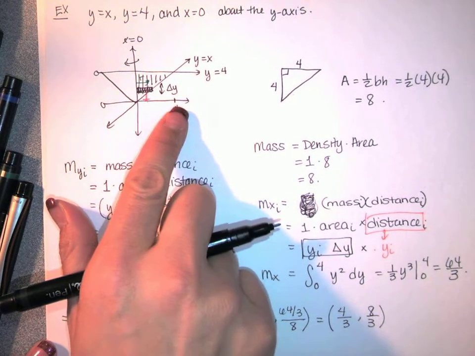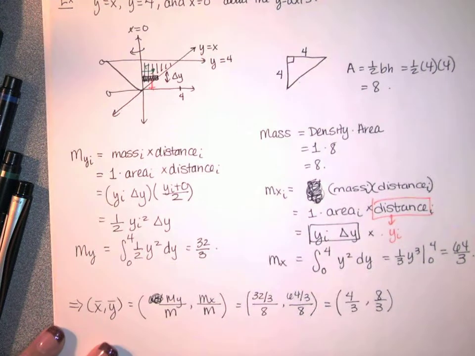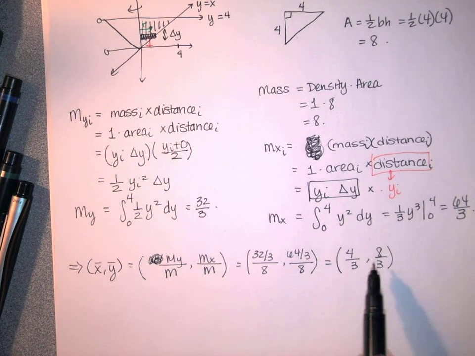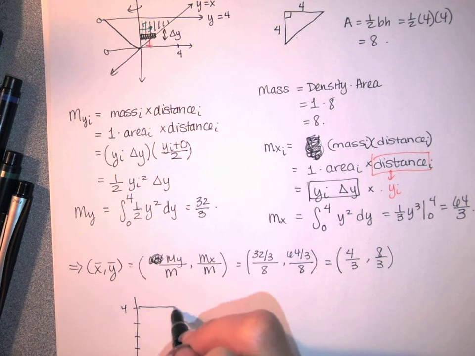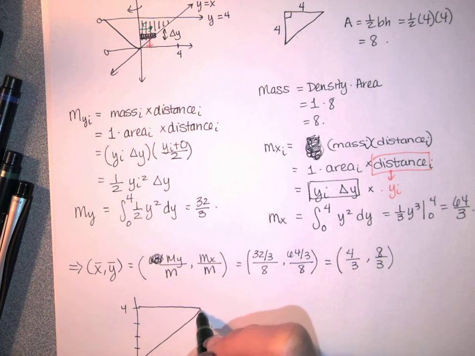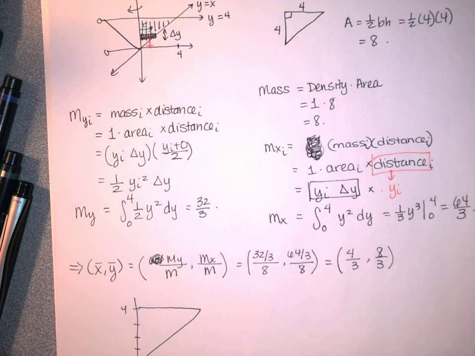So we take this 4 and we're dividing it by 3. Let me draw my triangle again. X equals 4 divided by 3, so I'm dividing this into thirds, so it's 1 1/3, and y equals 8 divided by 3, so it's 2 2/3.